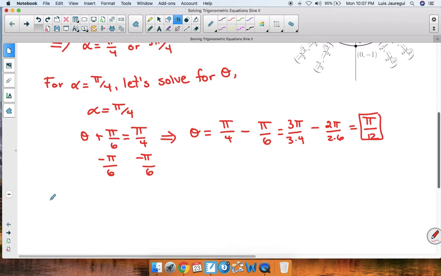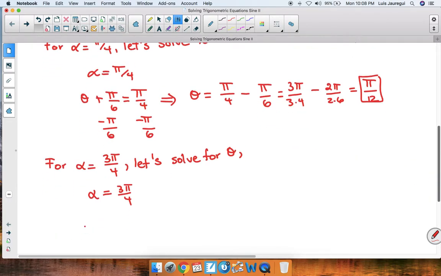Now, we're going to do the same process, but now for alpha equal to 3 pi over 4. Let's solve for theta using that particular value. We have alpha is equal to 3 pi over 4, but alpha is nothing else than theta plus pi over 6, and that is equal to the right-hand side, which we said was 3 pi over 4.